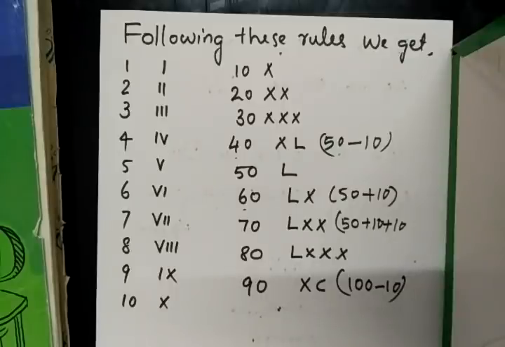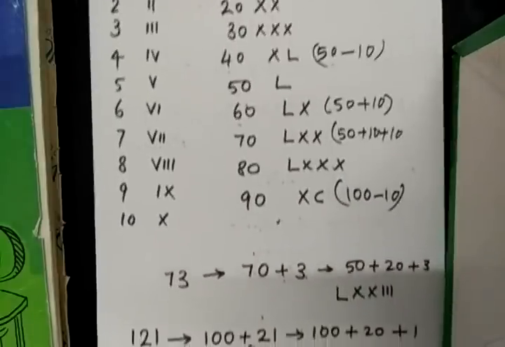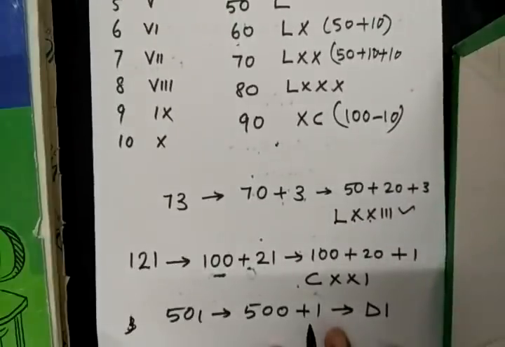Now let us see how we can write any number in Roman numerals. First one, 73. How will we write 73? 73 means 70 plus 3. We know 70 means 50 plus 20 plus 3. 50 is L, 20 is X, X, and then 3. So this is the Roman numeral for 73. Next, 121.